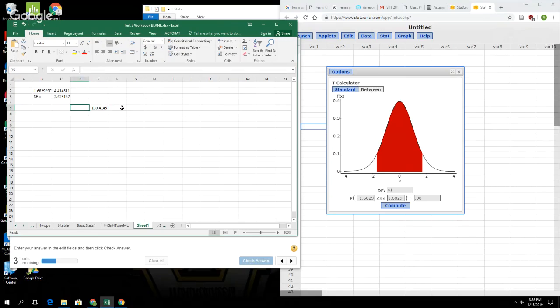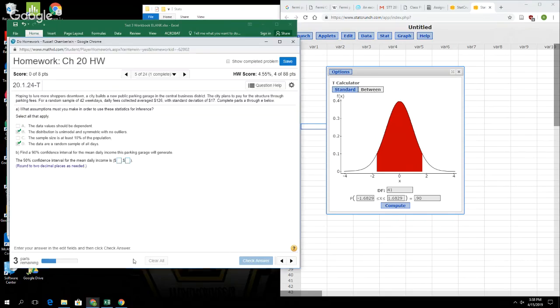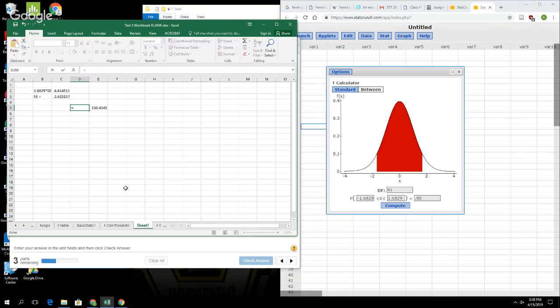Plus should go to the right of the minus version. All right.